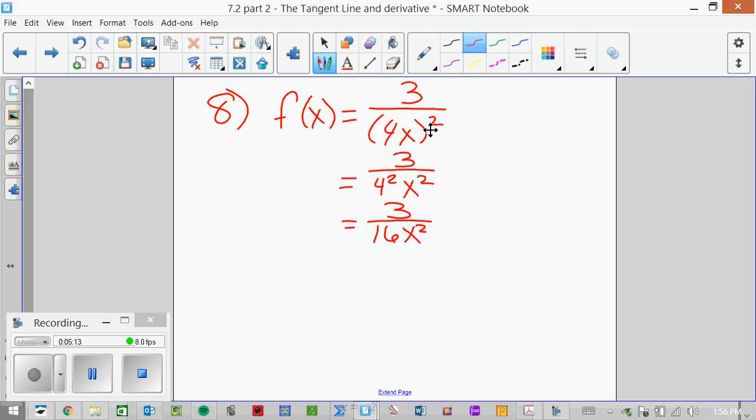Okay? So now that x needs to come out of the denominator, right? We can't take the derivative if we don't have an x up there to take. We learned a rule, and x needs to move up here.